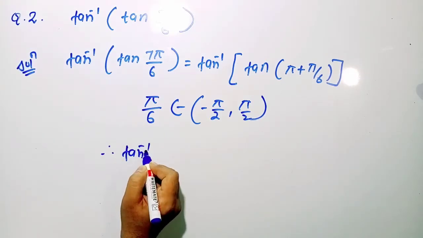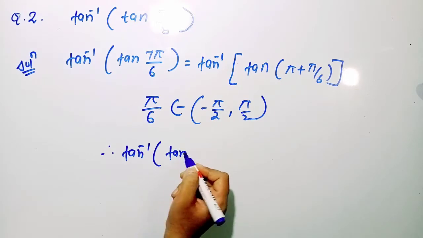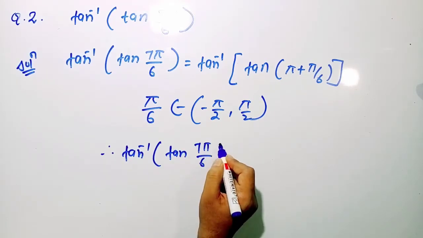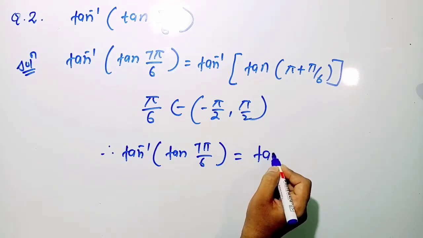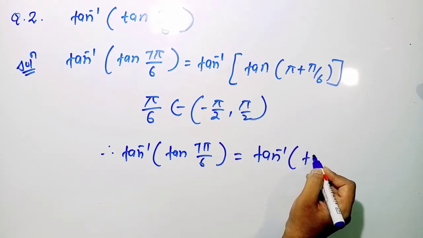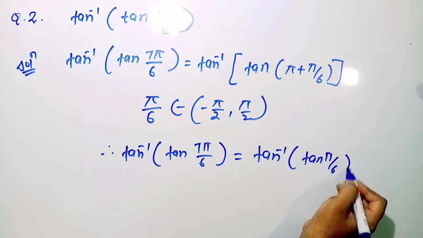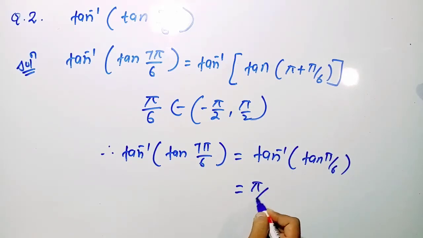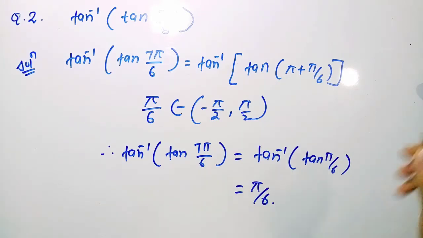So tan inverse tan 7 pi by 6 is equal to tan inverse tan pi by 6, so tan inverse and tan will be cancelled out, so we are getting pi by 6. Okay, moving to the next question.